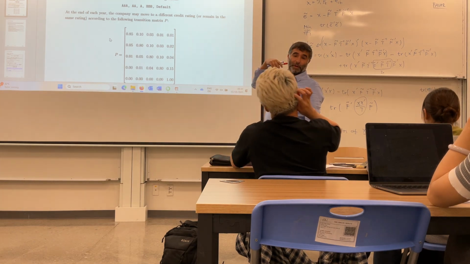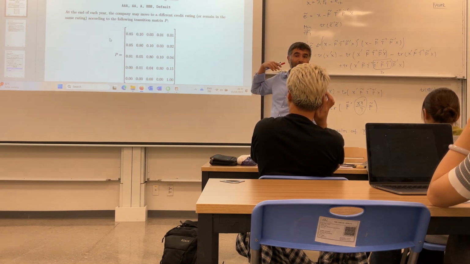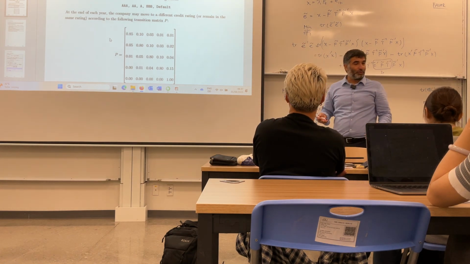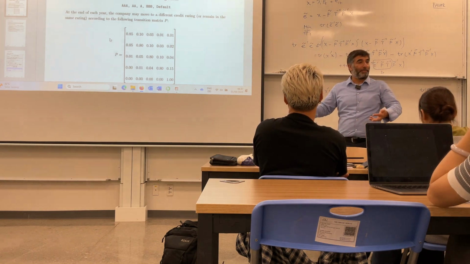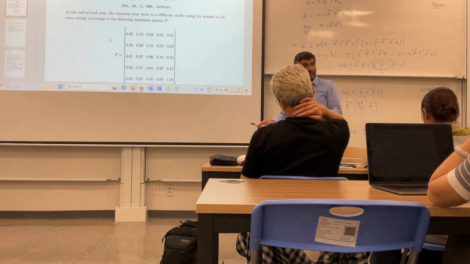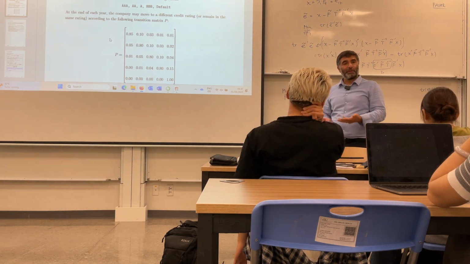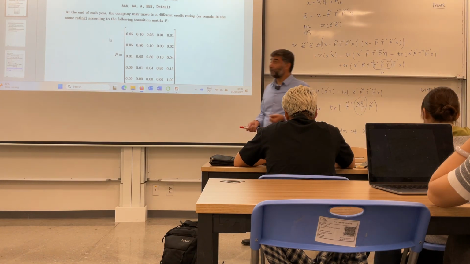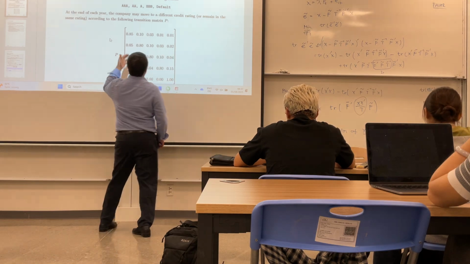I made them up. But these probabilities, of course, you can estimate as a function of macroeconomic parameters and company-specific information. Somehow one can go and estimate them. Once you have them, you will be able to understand how the transition goes from one status to the other.